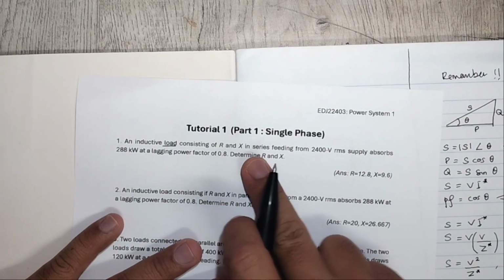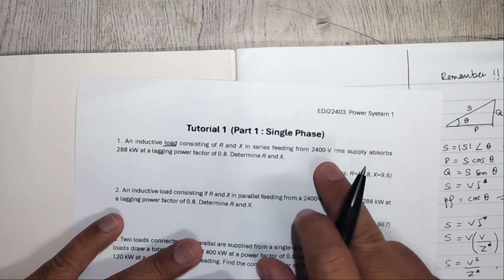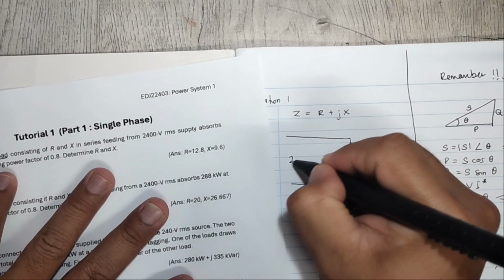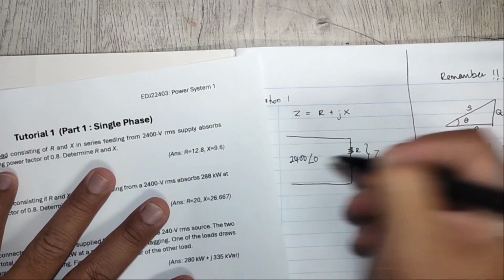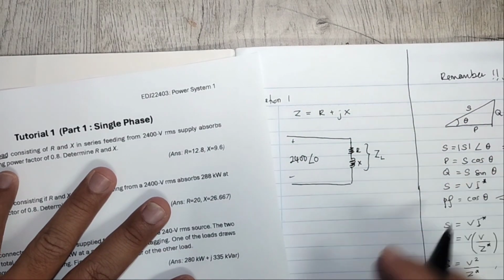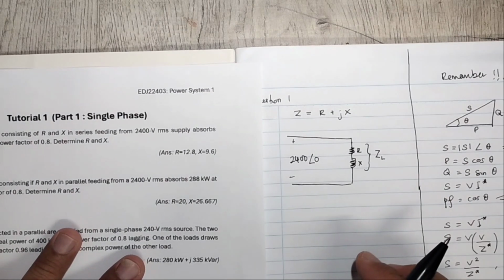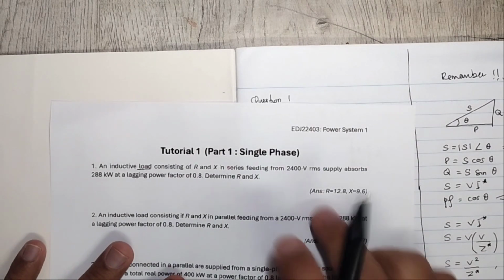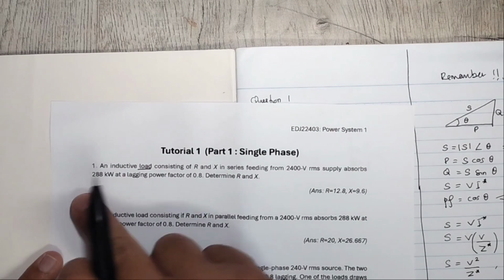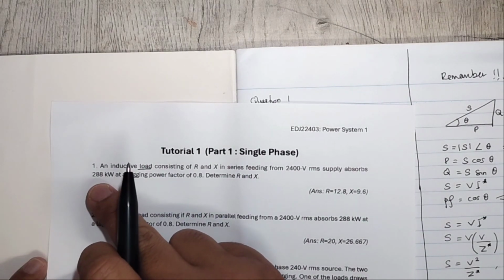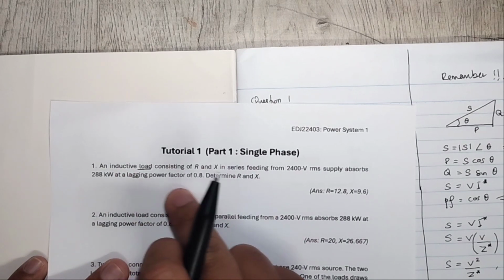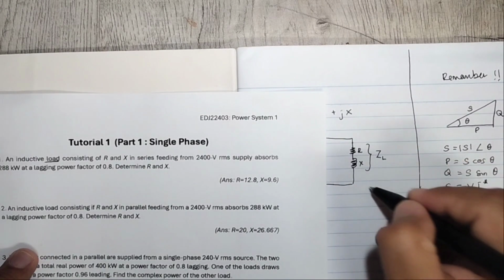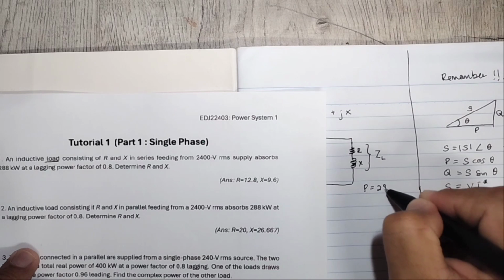From a 2400 volt supply, it is also given that the supply absorbs 288 kilowatt at lagging power factor. Determine R and X. So given here P is equal to 288 kilowatt.